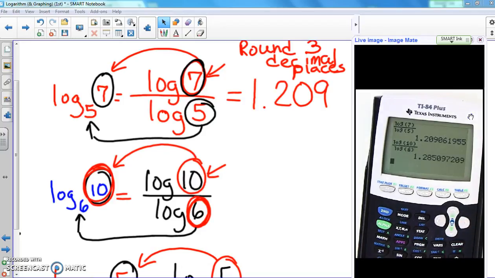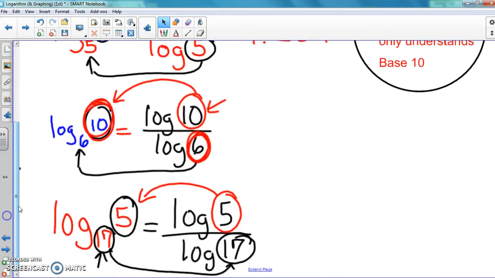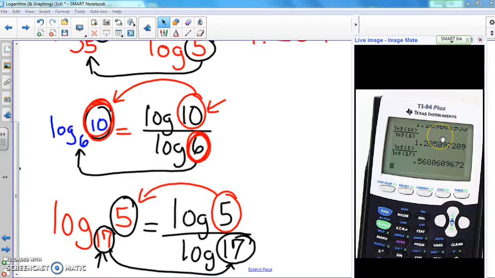And we hit enter there. Then we also do log 5 divided by log 15 and get an answer for that. And again, we're rounding to 3 decimal places for these. Every single time it's rounding to 3 decimal places. So hopefully everybody got the same answer as I got.